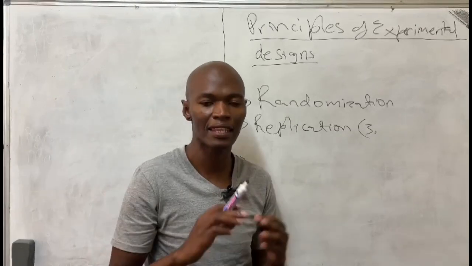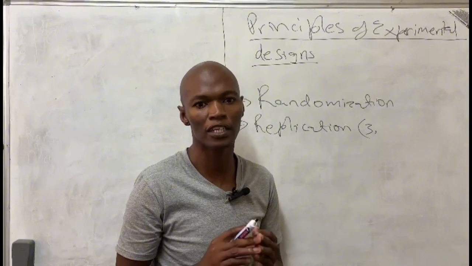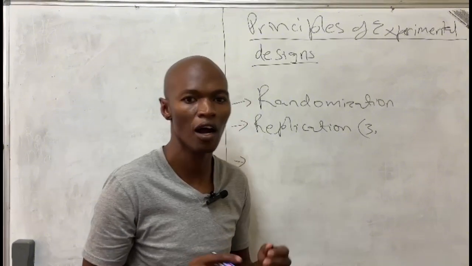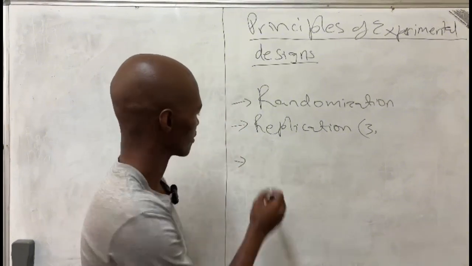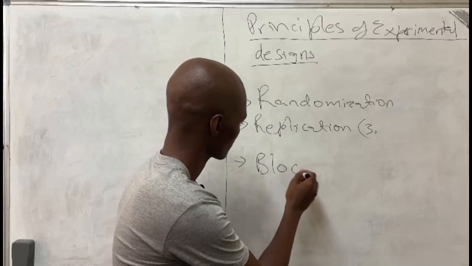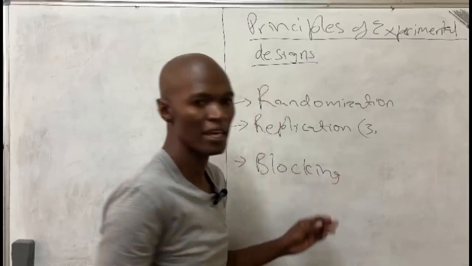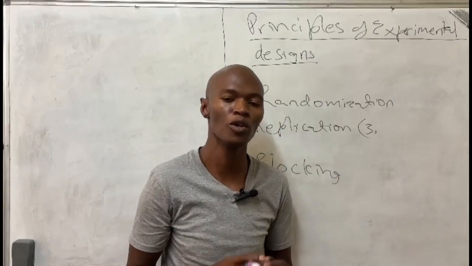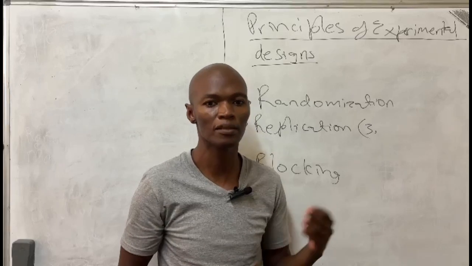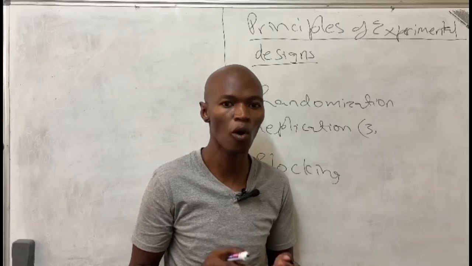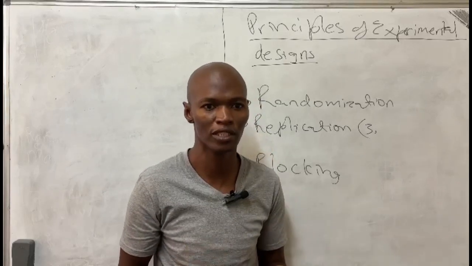And then the third principle of the experiment that we want to consider, we call that blocking. This principle depends on your experiment, whether the experimental units are homogeneous or heterogeneous.